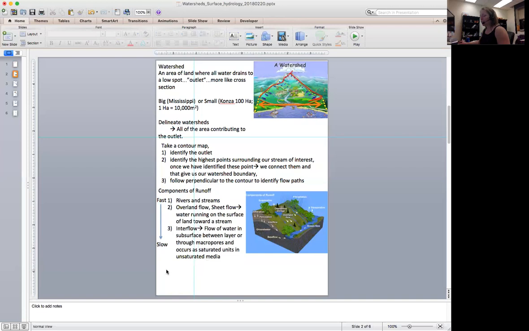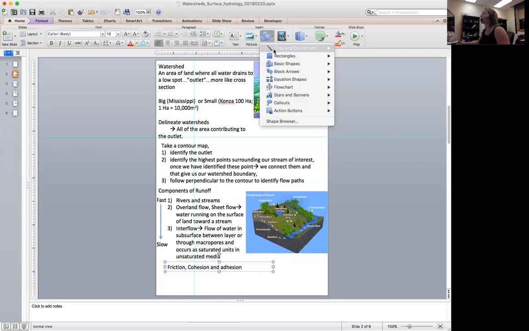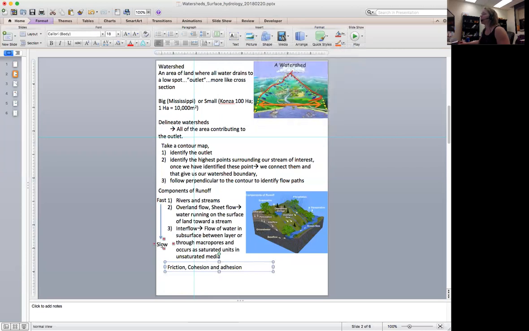And this change in flow is a result of things we've already discussed, such as friction, cohesion, and adhesion that are guiding these differences in the flow rates as you move along through these systems. So it's driven by those factors.